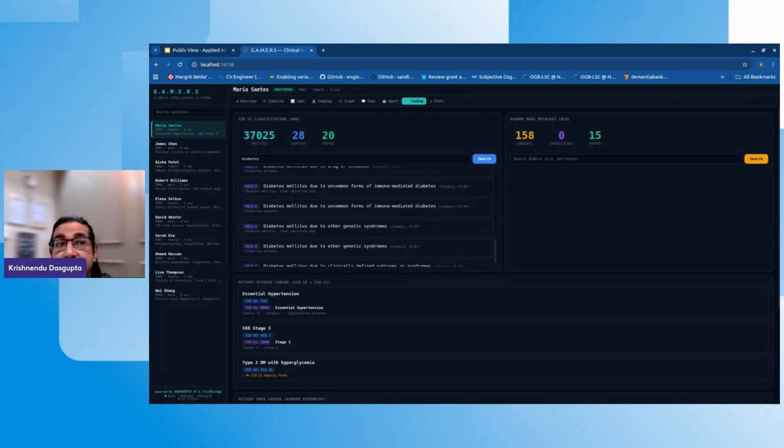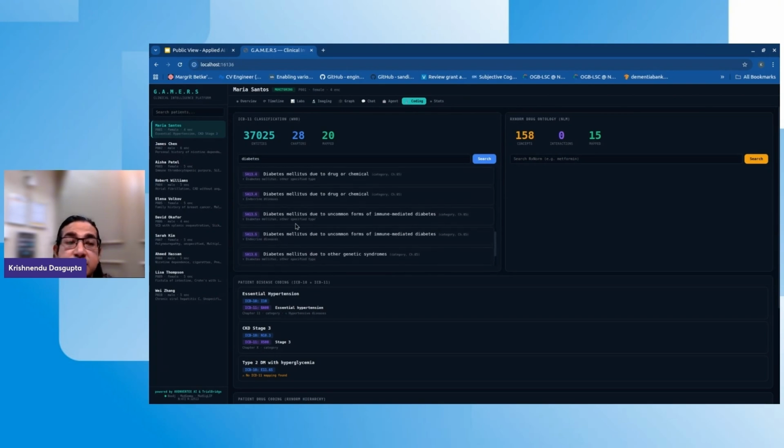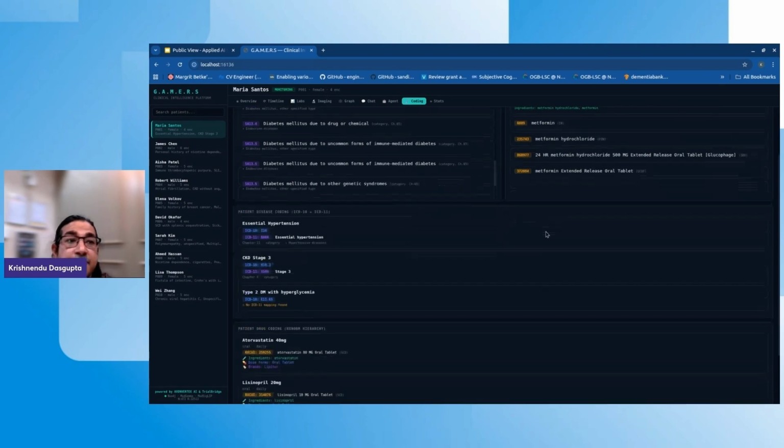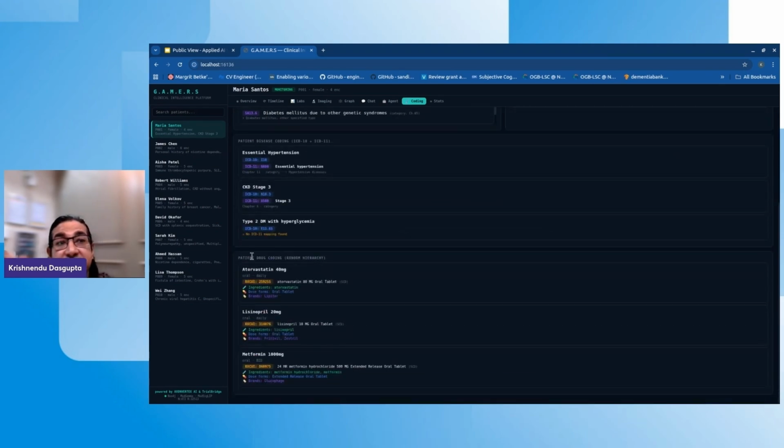This is very important because this is how, in the structure of reasoning, these levels and these paths are understood at a reasoning level. The same thing happens with the RxNorm part of it. So if I go ahead and say metformin and do a search, it will return all the RxCUI IDs which are there. And if I look into patient drug coding on the hierarchy side, it gives us important information about the ingredients, the dosage form, and the brands as well.